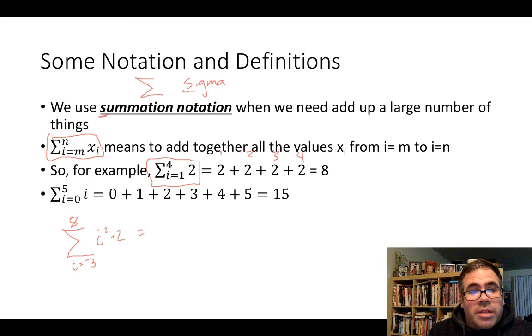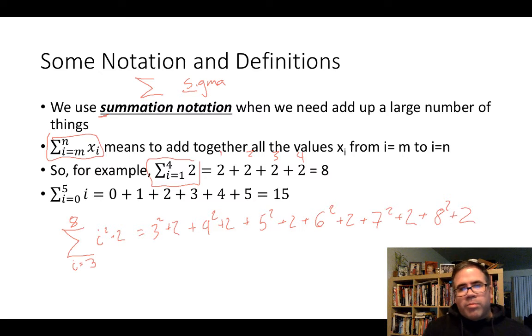So we'll start with 3 squared plus 2, that's for i equals 3, plus 4 squared plus 2, plus 5 squared plus 2, plus 6 squared plus 2, plus 7 squared plus 2, plus 8 squared plus 2. I don't really want to add that up, but that's just to show you how you get from a very compact expression, I won't say simple, to represent a pretty complicated sum.